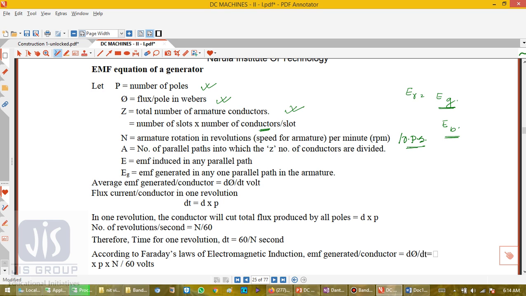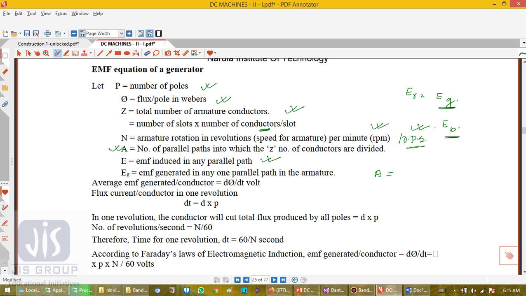You have to keep in mind whether you are taking RPM or RPS. A is the number of parallel paths into which Z conductors are divided, through the armature between brushes of opposite polarity.